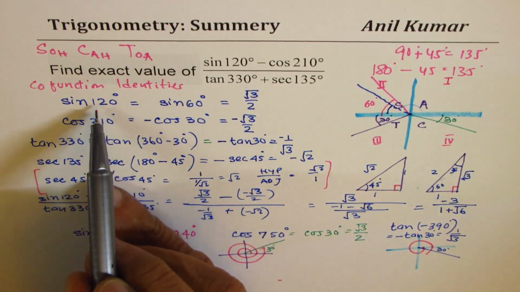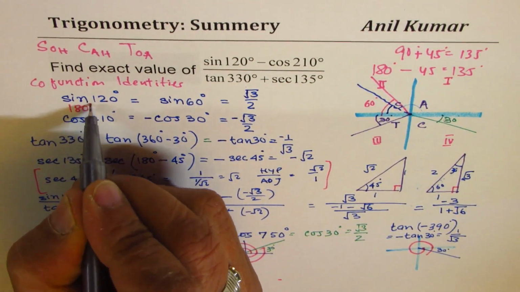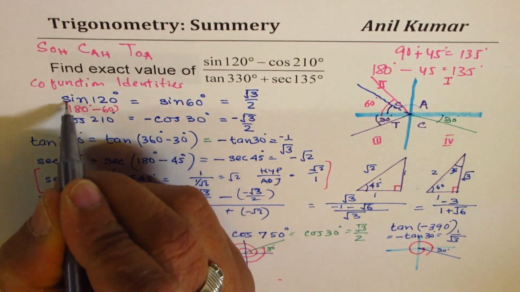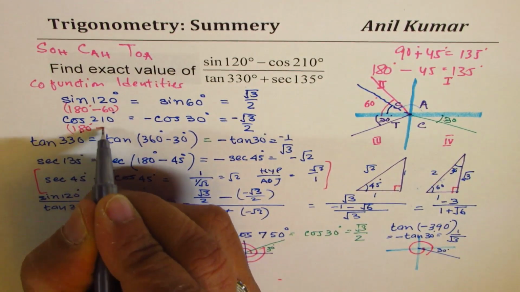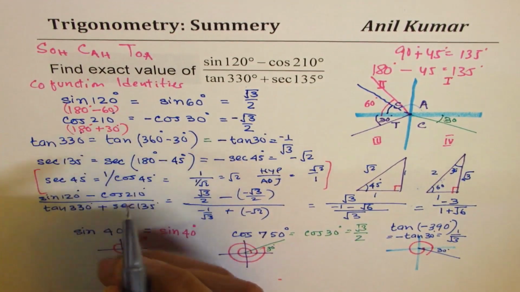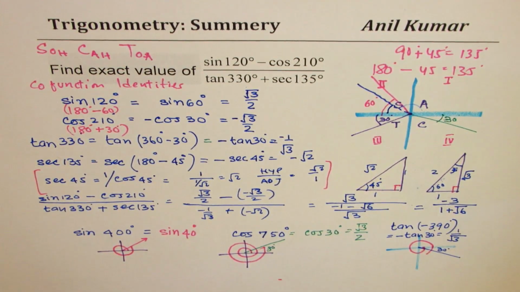We wrote 120 degrees as this is 180 degrees minus 60 degrees. Do you see that? 210 we wrote as 180 degrees plus 30 degrees to come up with that result. We did not use 90 degrees plus or minus or 270 degrees plus or minus. That is a key. Avoided using cofunction identities most of the time.